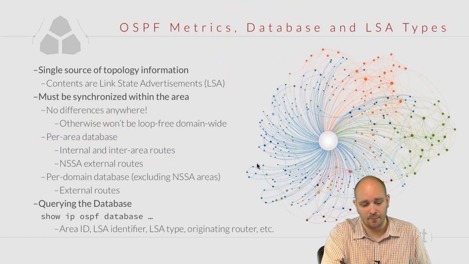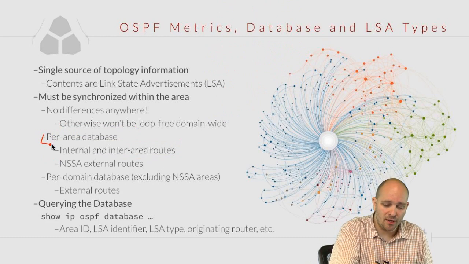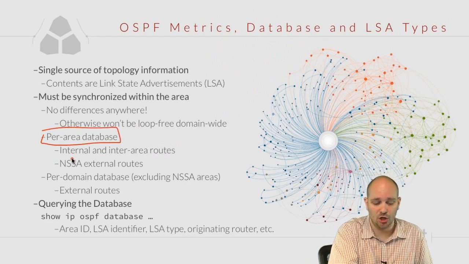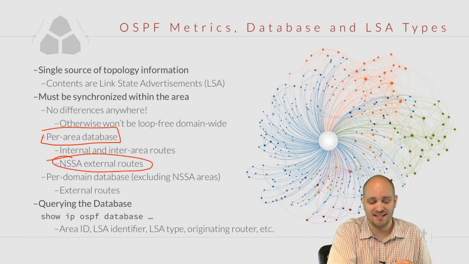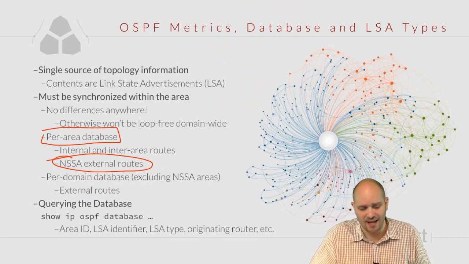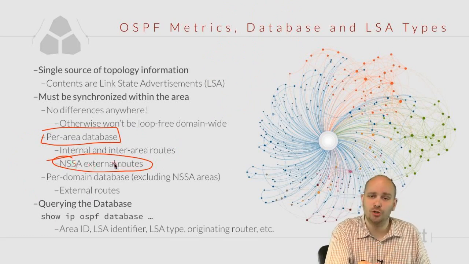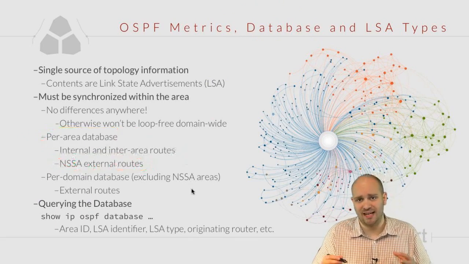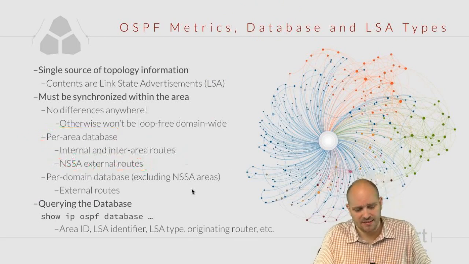and I will talk about them in great detail. Also, the per area database here may contain NSSA external routes in a case that we are dealing with the NSSA area. So NSSA routes do not exist outside the per area databases.